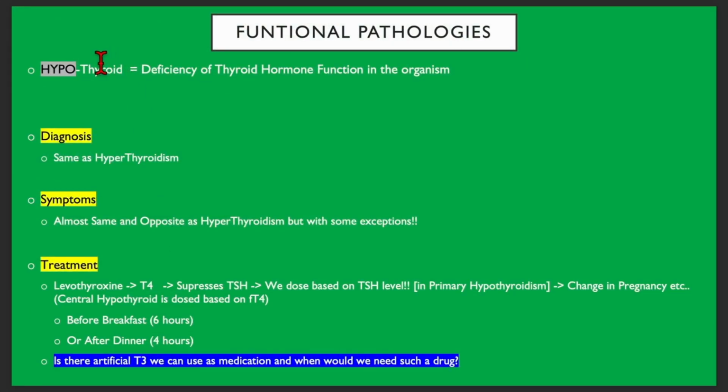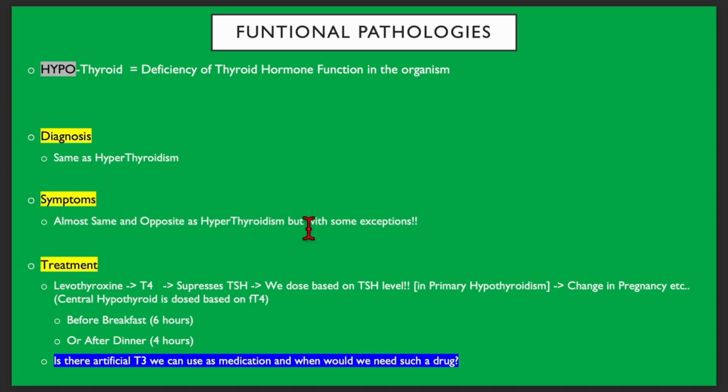Okay, good. Now, the diagnosis is the same as hyperthyroidism. You take a history, then you do a physical exam, you take the labs, ultrasound, and then finally maybe do some scintigraphy, and antibodies. So the same thing as before. Symptoms are almost the same and opposite as hyperthyroidism, but there are some exceptions, okay? So it's not exactly opposite.